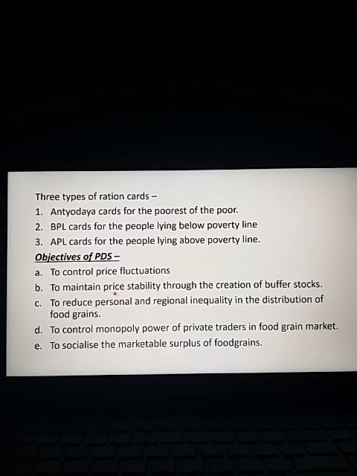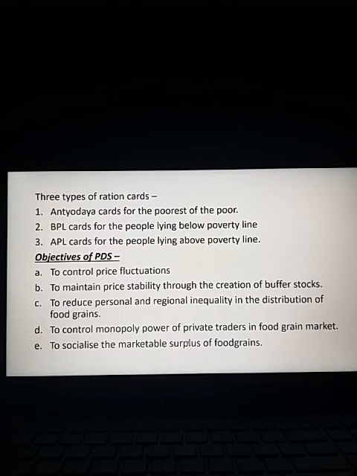Second, to maintain price stability through creation of buffer stocks. That is, the government maintains the stocks to even out the price fluctuations, thereby ensuring price stability. Third, to reduce personal or regional inequality in the distribution of food grains. To control the monopoly power of private traders in the food grain market, and also to socialize marketable surplus.